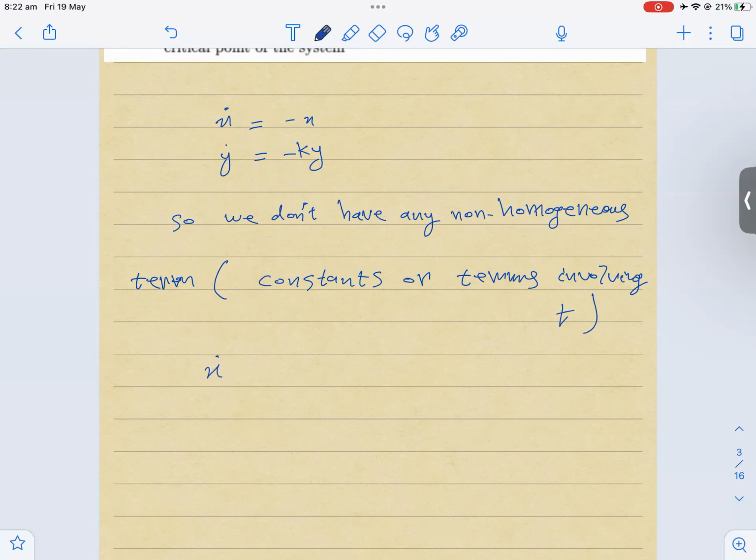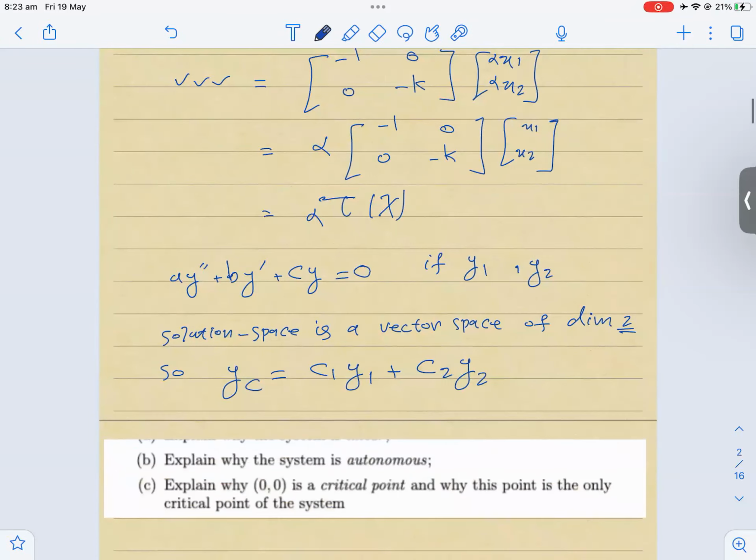If it was x prime equals minus x plus 1, or x prime equals minus x plus t squared, then this wouldn't be an autonomous system.